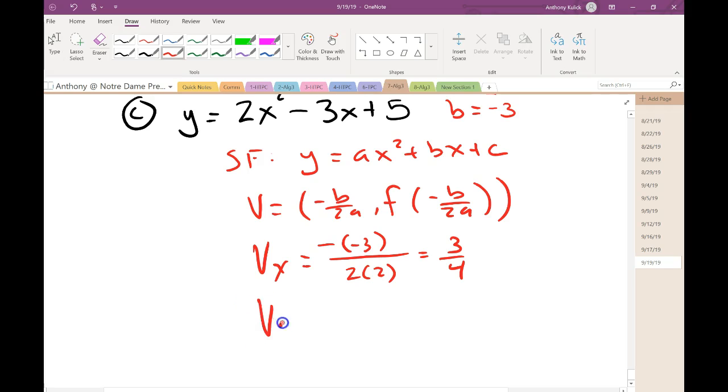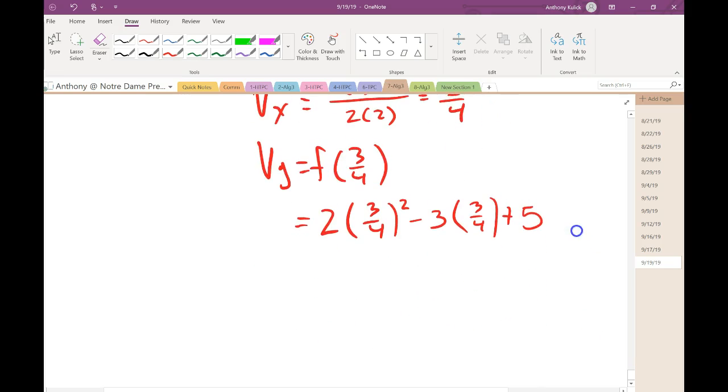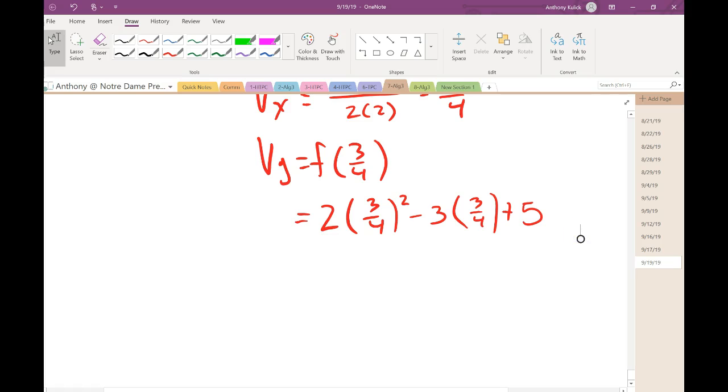To find the y-coordinate, I'm going to do f of 3/4. So to do that, I'm just going to plug in 3/4 everywhere there was an x into my original equation, and I'm going to simplify this.